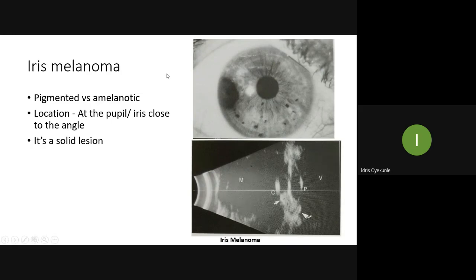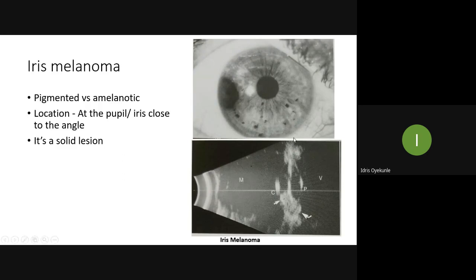Yes, I'm hearing. Okay, so iris melanoma can be pigmented or melanotic, and usually it's located either close to the angle or at the pupillary margin, and it's a solid lesion.